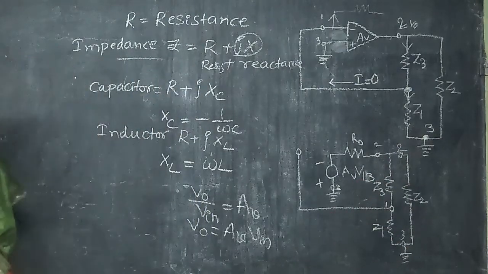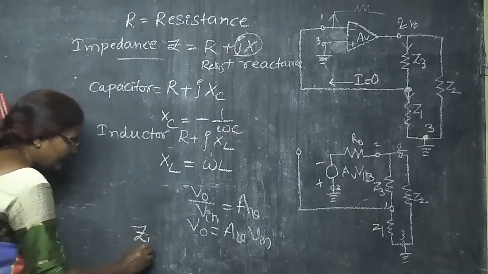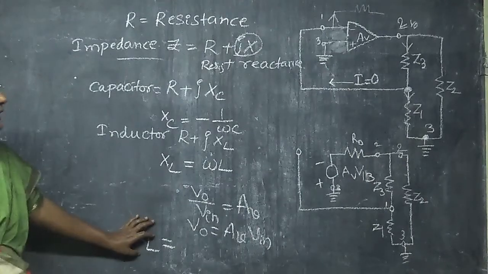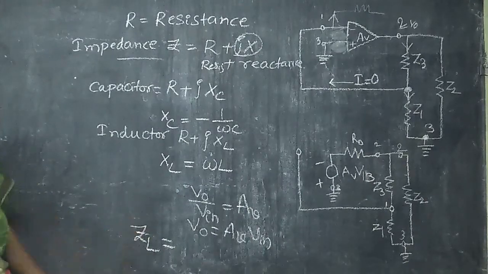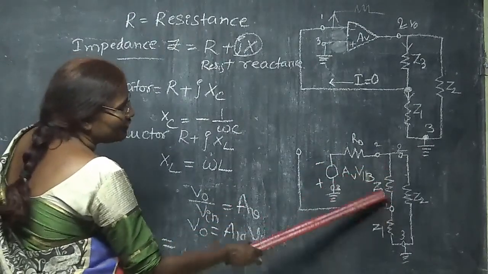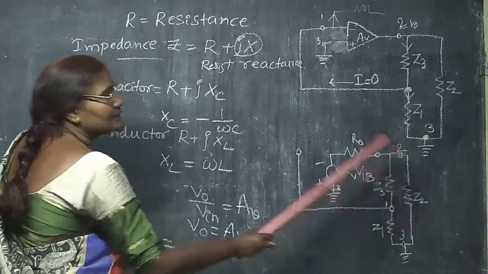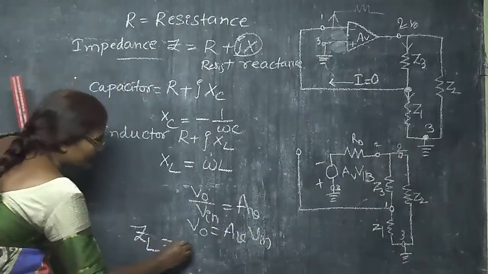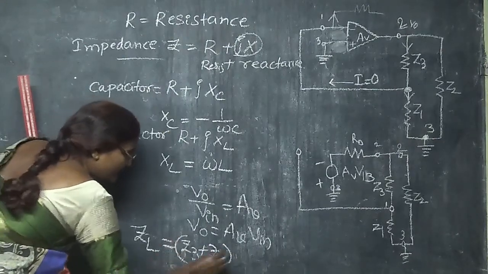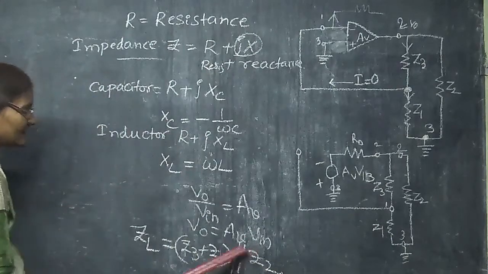I am considering it with a single letter, but this single letter is going to have the series combination of these that is parallel with the other element Z2. So, Z3 plus Z1 which is parallel to Z2 will give my ZL.